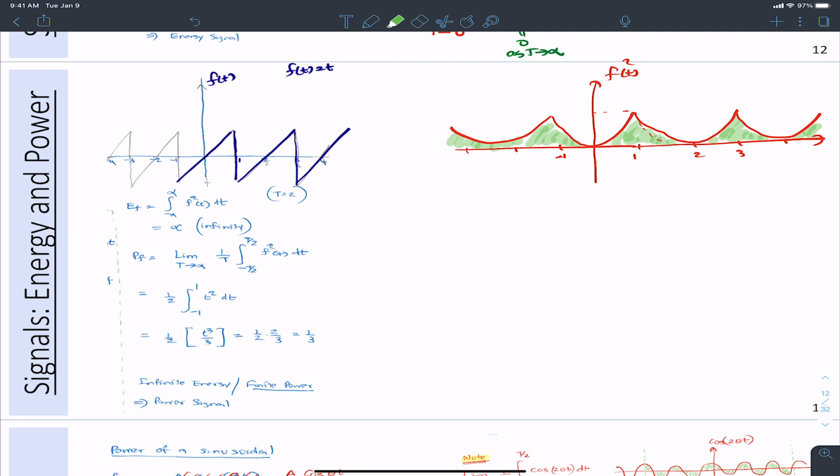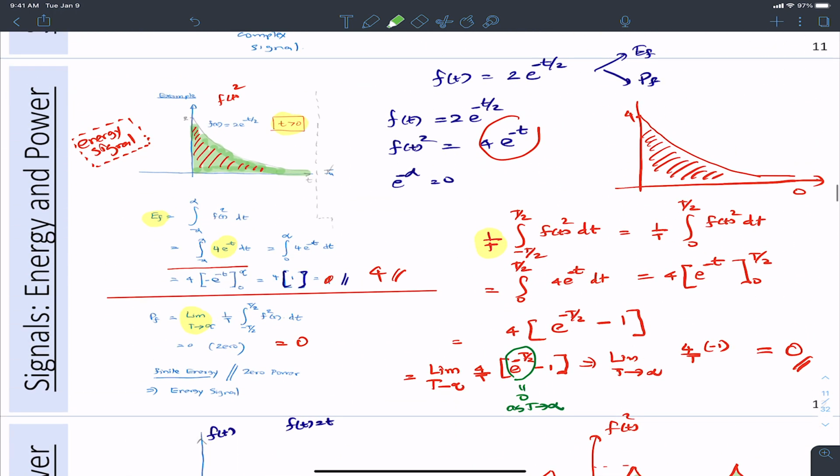So anyway, at the end of the lecture, we will realize that a periodic signal has infinite energy, whereas this signal is not a periodic signal. Probably I did not formally define a periodic signal, but we saw that, for example, a sinusoid is a periodic signal, and the period is the element of that signal that repeats.